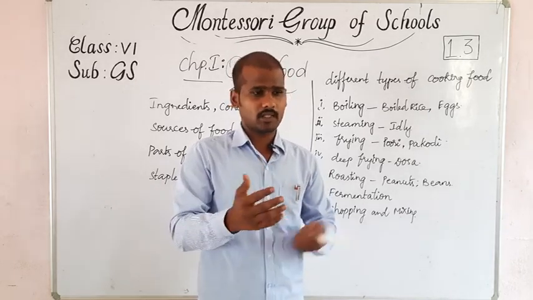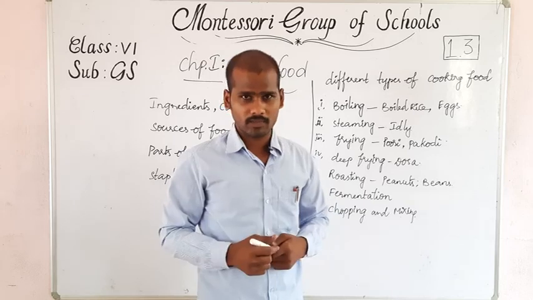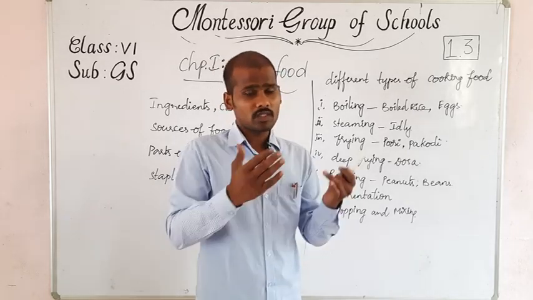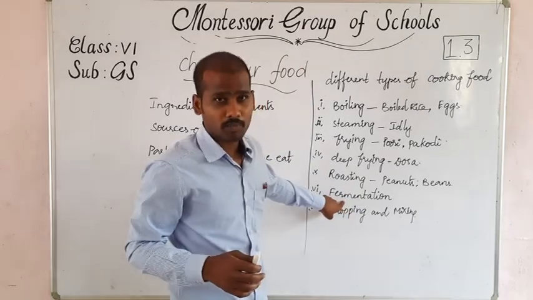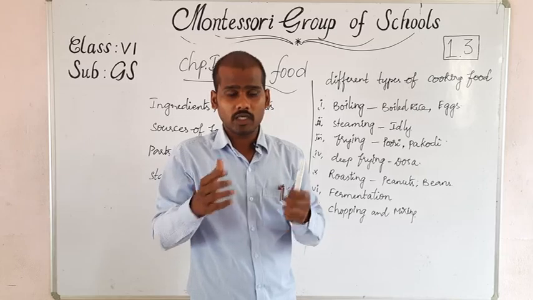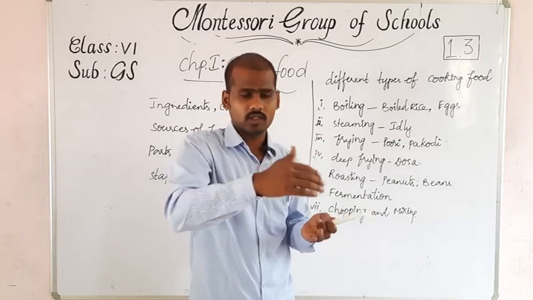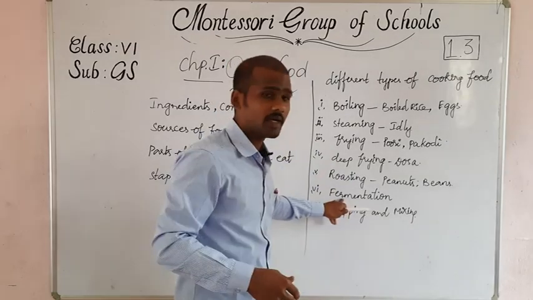If you check it in the morning, it will have become curd. How is the milk converted into curd? With the help of the fermentation process. The process that takes place in this 12-hour duration is called fermentation.